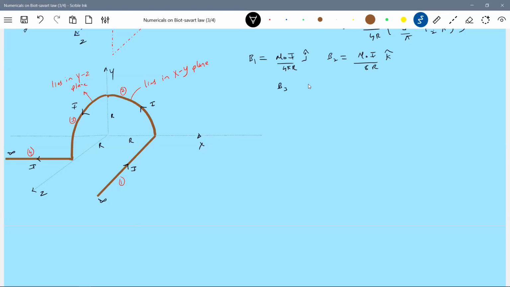Next, B3. It lies in the YZ plane. So therefore, mu naught I by 8r, I cap. Then the semi-infinite wire, B4: mu naught I, minus j cap.